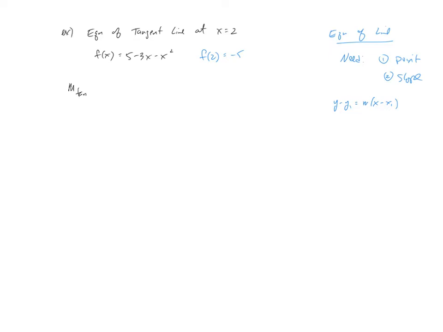M tan, slope of the tangent line, is going to be the limit as h approaches 0 of now our difference quotient. So we've got 5 minus 3 times x plus h minus x plus h squared minus the entire function of 5 minus 3x minus x squared. And that whole thing is over h.